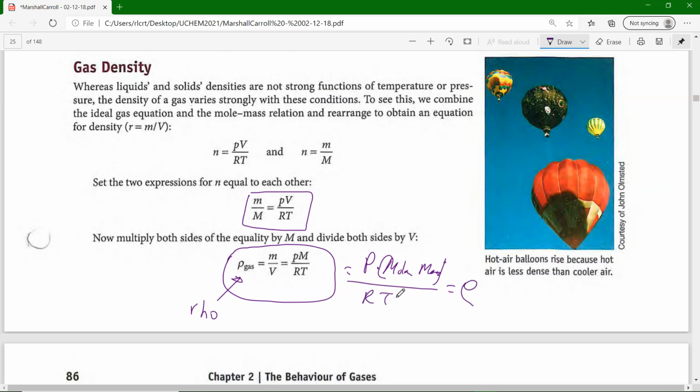So at a given temperature, for a given molecule, if you have greater pressure, you're going to have a greater density. If the pressure stays the same for the given molecule, if you have a higher temperature, the density is less, right? Hot air balloons rise because hot air is less dense than cold air. That equation tells us. If you have same conditions of pressure and temperature, then if you have a heavier gas, one with a greater molar mass, it's going to be more dense.